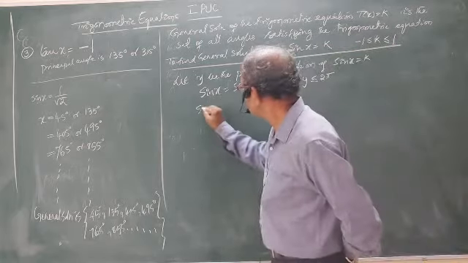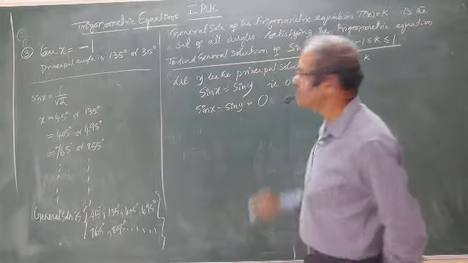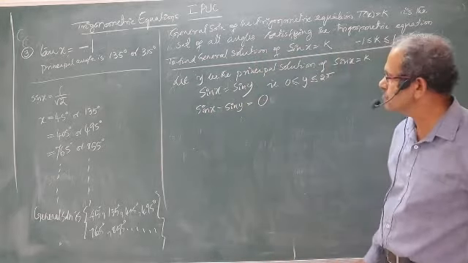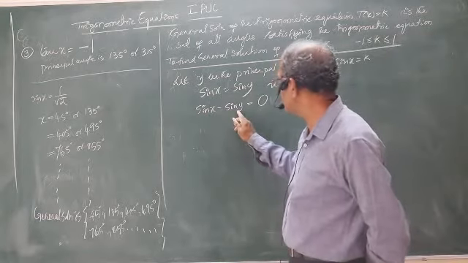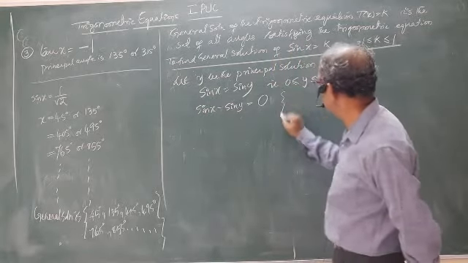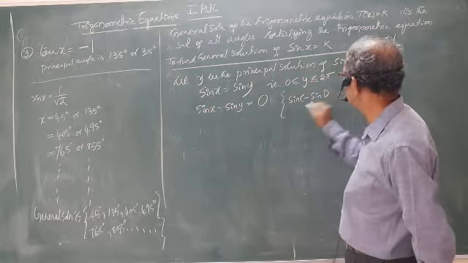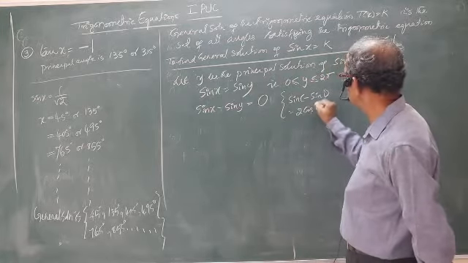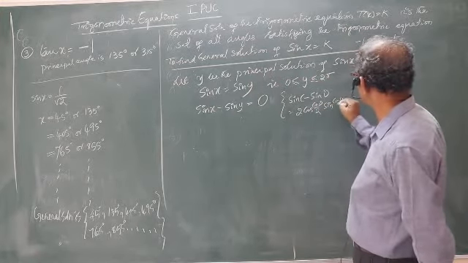Now, sin x minus sin y equal to 0. Sin x minus sin y, you know the formula. In the last class, sin c minus sin d, we did that one: 2 cos of (c plus d) by 2 sin of (c minus d) by 2.